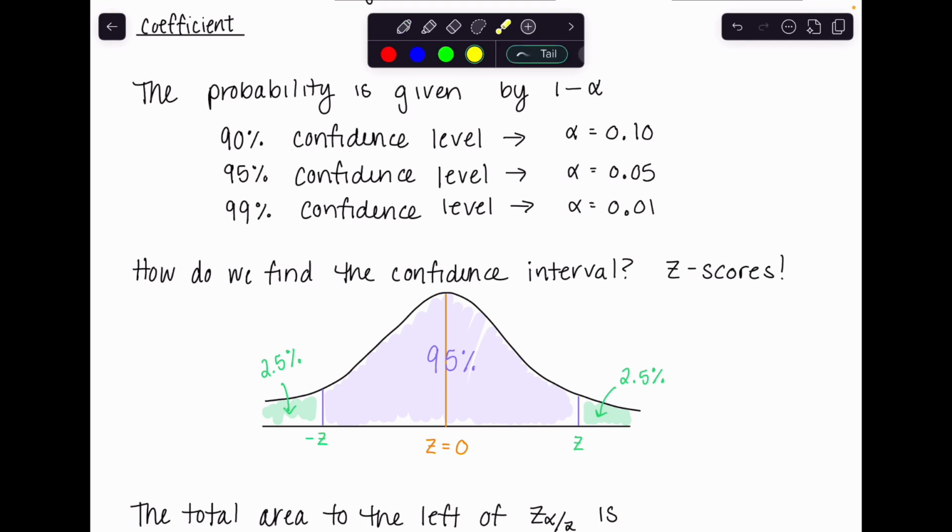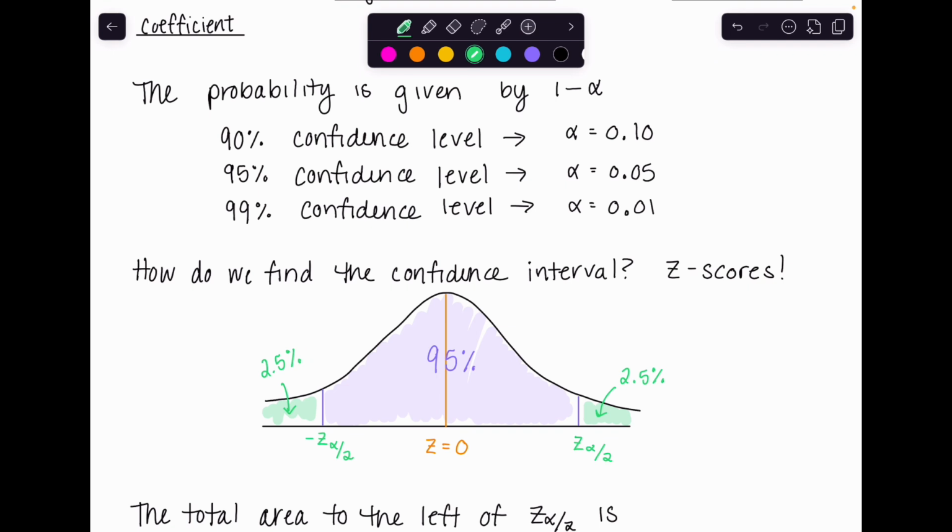So if I'm finding a 95% confidence level, that means 5% is going to fall on the outside, which means really half of that is going to fall on either side. So we denote this by alpha over 2.